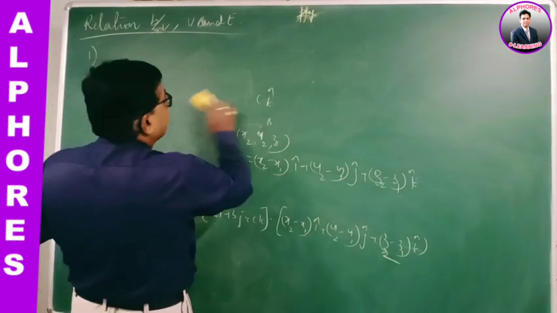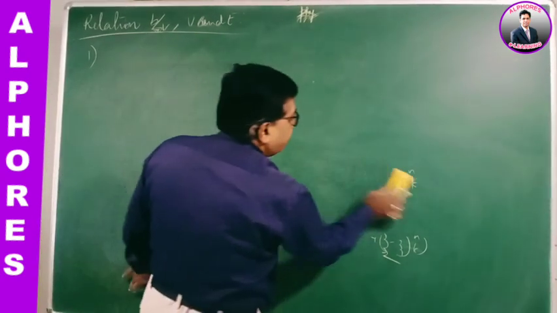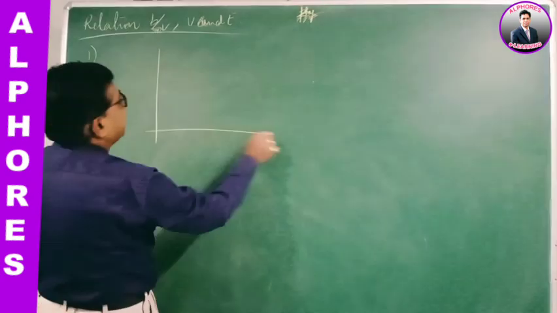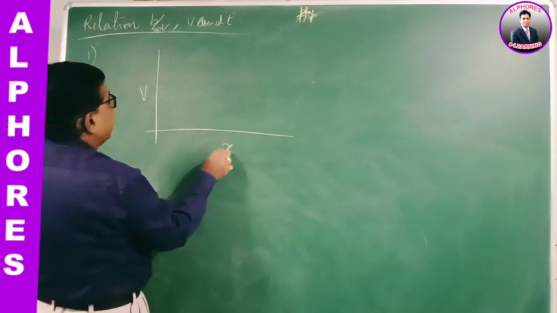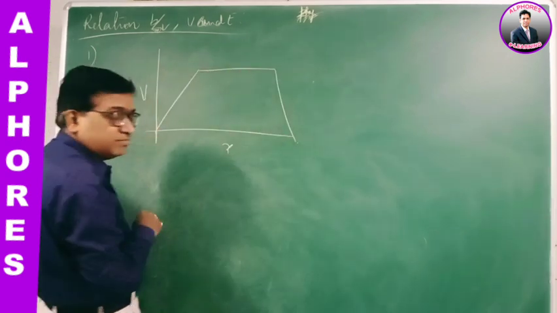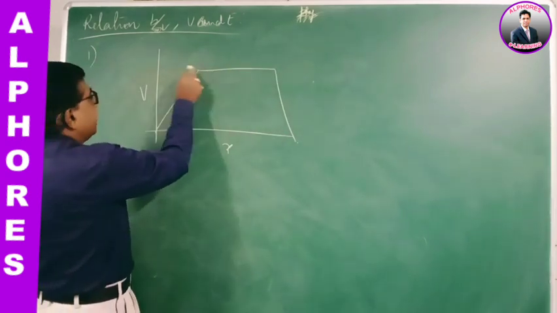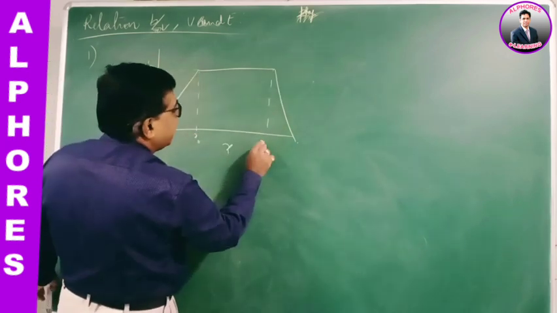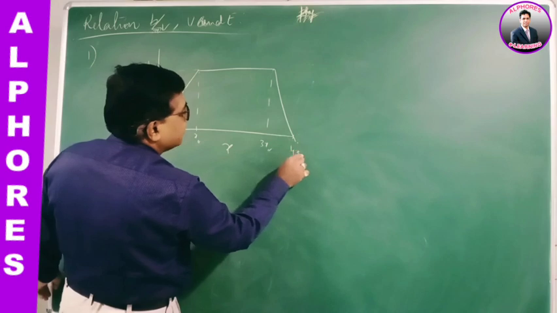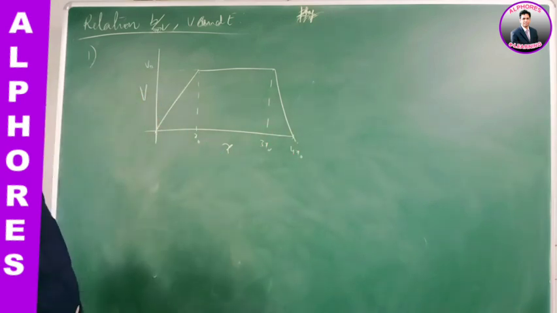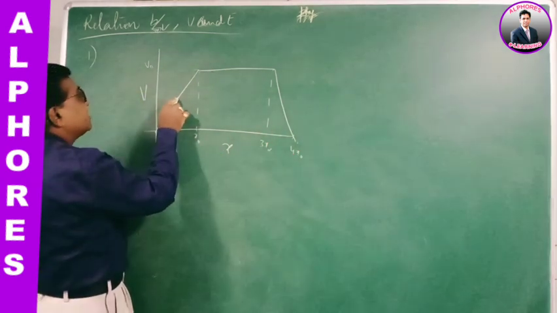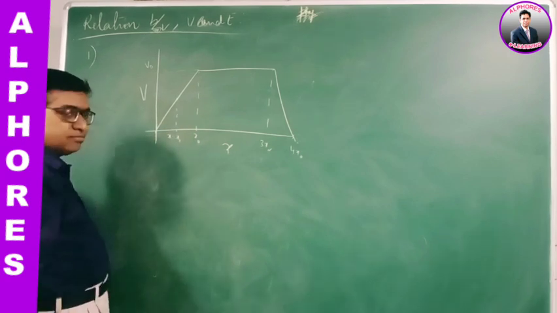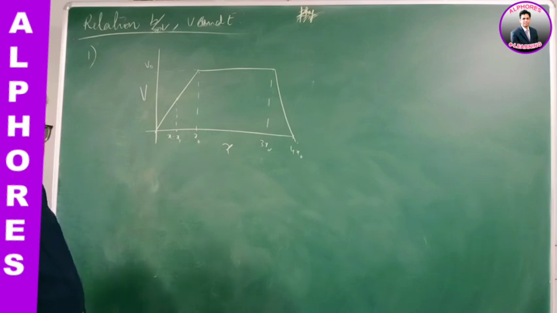Sometimes he will give you the graph between the potential and distance, the graphical variation of V with respect to x, like this. For example, this value is V naught, this is x naught, this is 3x naught, let us say 4x naught. Now he is asking you to find the electric field at some point x equal to x1, somewhere here.